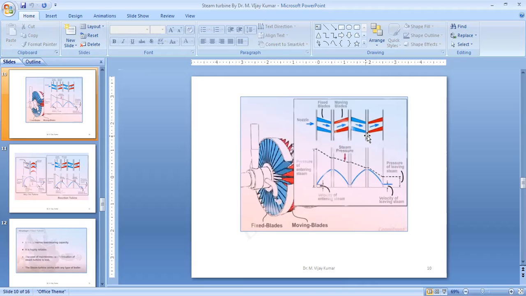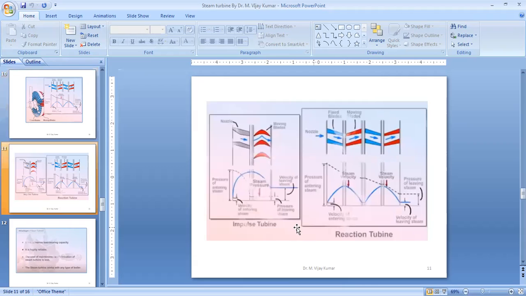Then in the runner blades, the pressure keeps getting lower and lower, but the velocity profile is decreasing. This is how it happens. So this is the pressure and velocity profile for the reaction turbine.